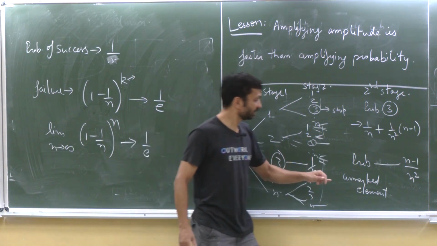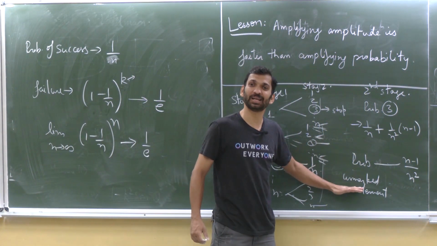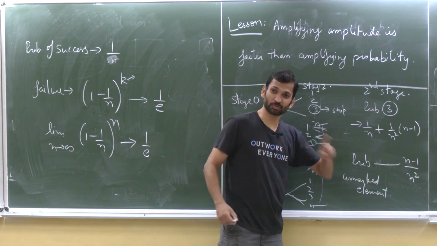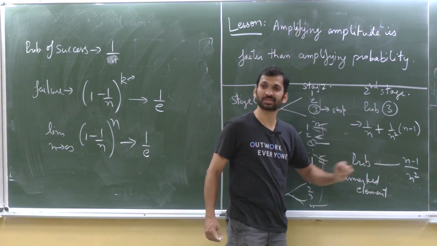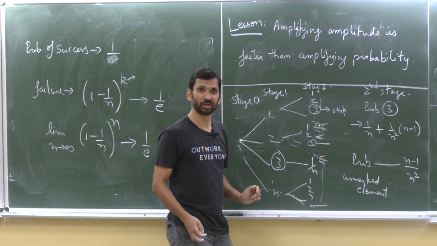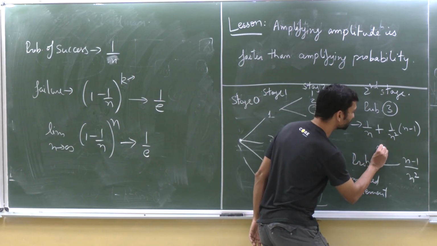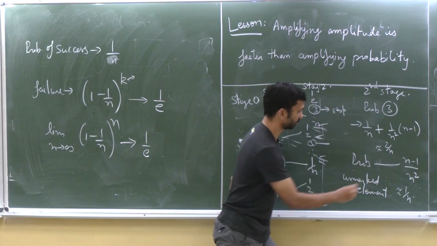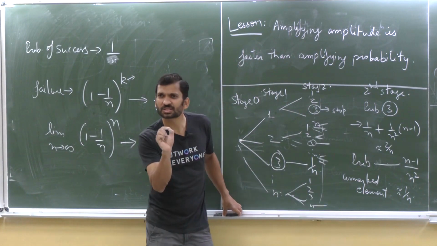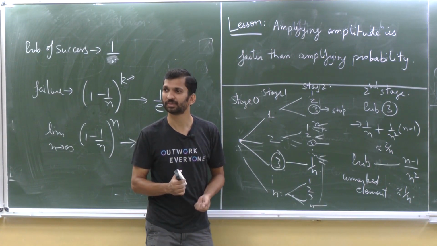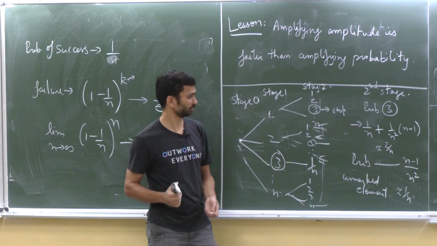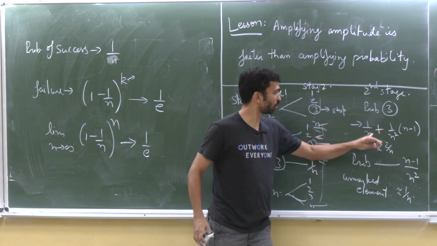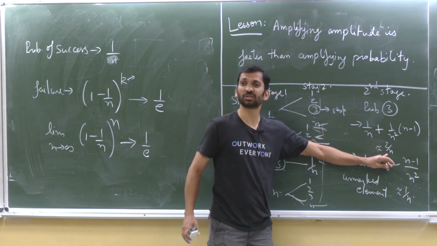So you are right that the total probability of unmarked elements is n minus 1 square by n square. But the probability of just one particular unmarked element is this. What I'm trying to say is that this is approximately 2 by n. This is slightly smaller than 1 by n. N minus 1 by n square is almost 1 by n. So this is 2 by n.